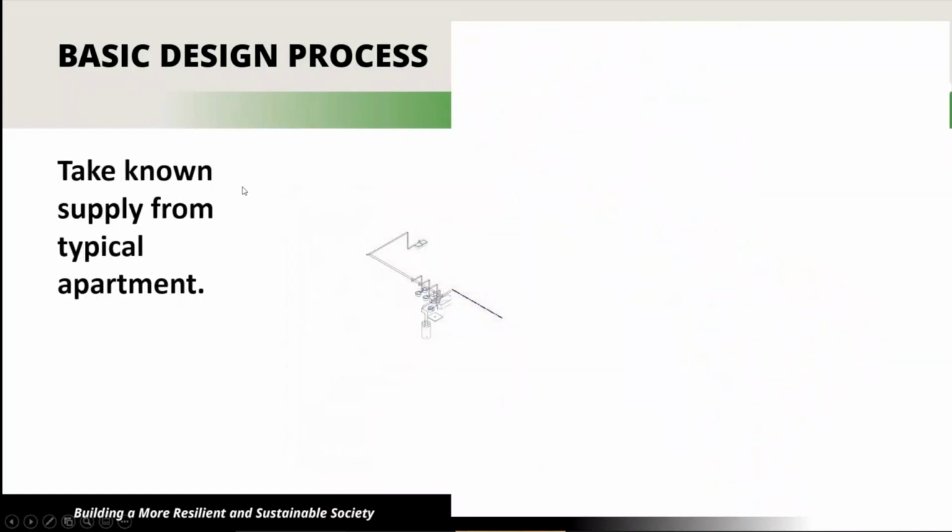So from there, we zoom out to look at the whole apartment building. I got a little clip of what we have in the apartment here. I show this branch line, which is the piping that goes out to the hallway. So we take the known supply from the typical apartment.